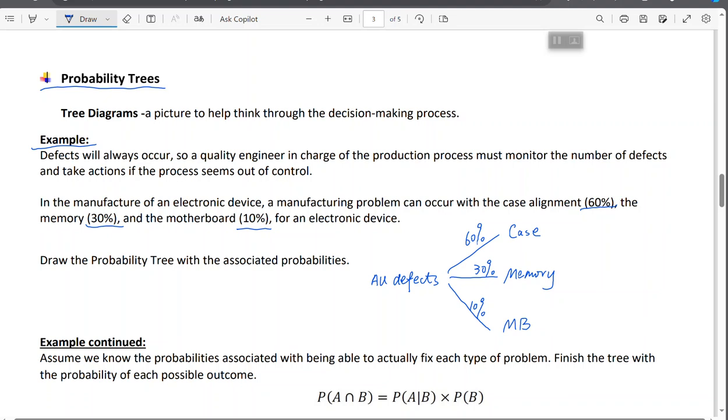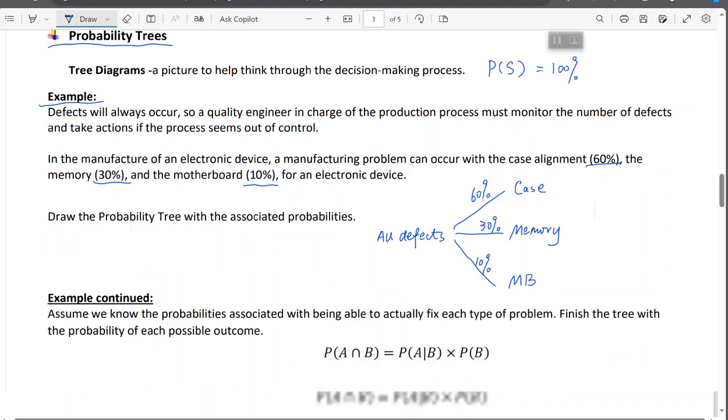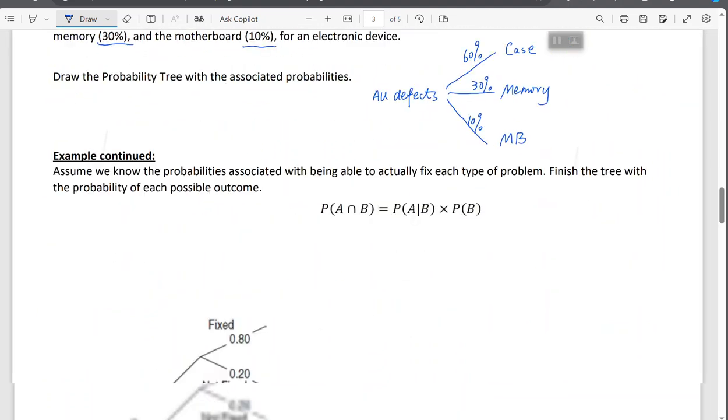So this is our first probability rule: the probability for the whole sample space, for all the possible outcomes of an experiment, is always 1, or we say 100%. So this is good. All right, then further, we have more information coming.